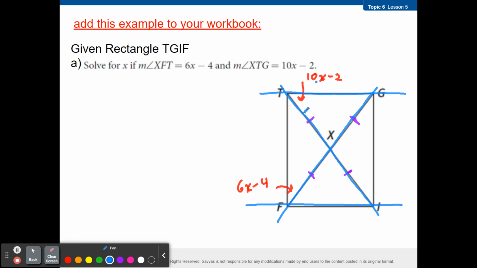What's going on with these two? Good. They add up to 90. Do you guys see that? Because even if we work with isosceles, we know this will be congruent with this, and these two will be congruent, and we know that they're equal to 90. So therefore, we're going to have here 10x minus 2 plus 6x minus 4 equals 90.